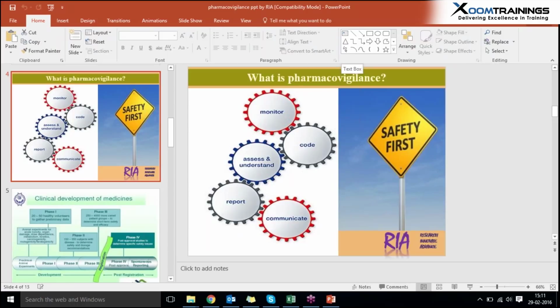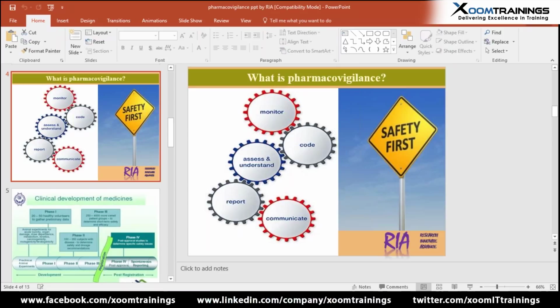If you are an educated, qualified person, like a qualified pharmacist or a qualified medical person, and you came to know that the drug is causing some serious side effect, in such cases you can report it. Now, to report that particular event, you have to produce it in a particular way.